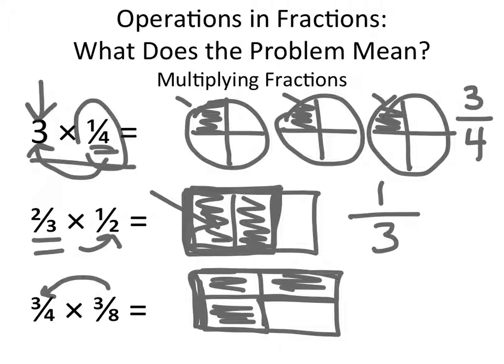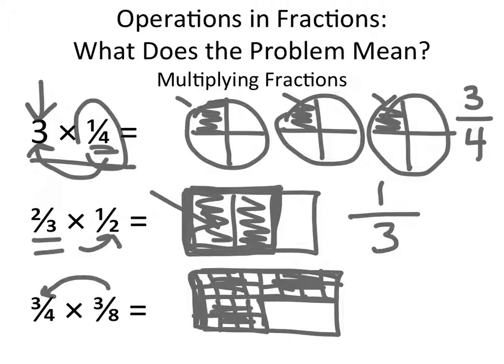I need 3/8 of that piece, or I need to take it 3/8 times. That's complicated. The easiest way to do this might be to divide each of my pieces into 8. If I divide each of my pieces into 8, then I could take each of those pieces 3/8 times.